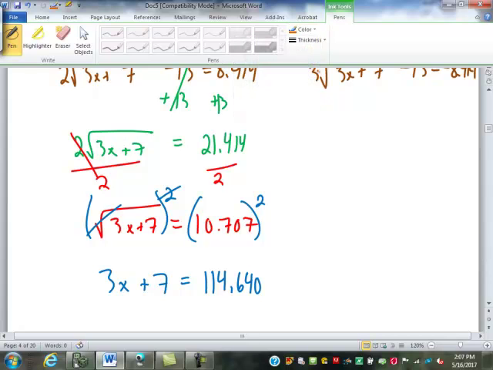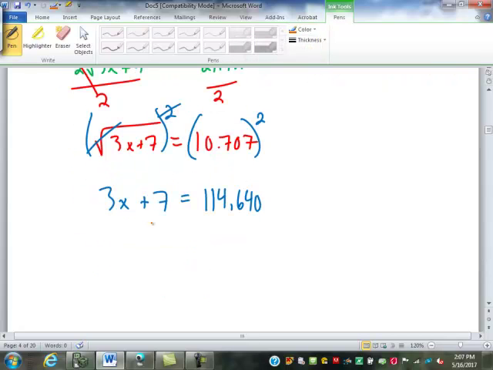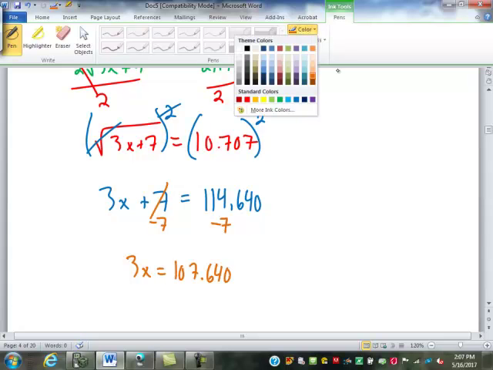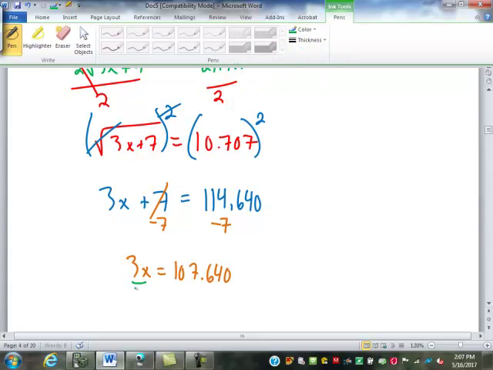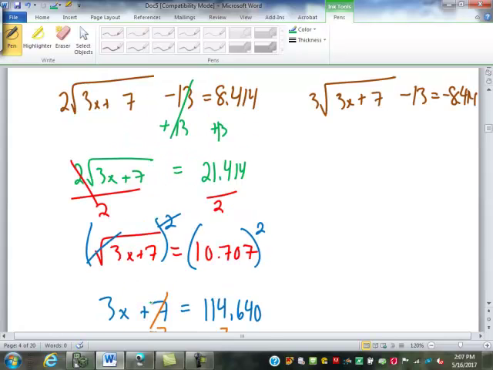And of course, we've got to still get x by itself. We're going to subtract 7. So 3x equals 107.640. And the last thing to get rid of is the 3. So divide by 3. So x equals 35.880. So that's one answer.